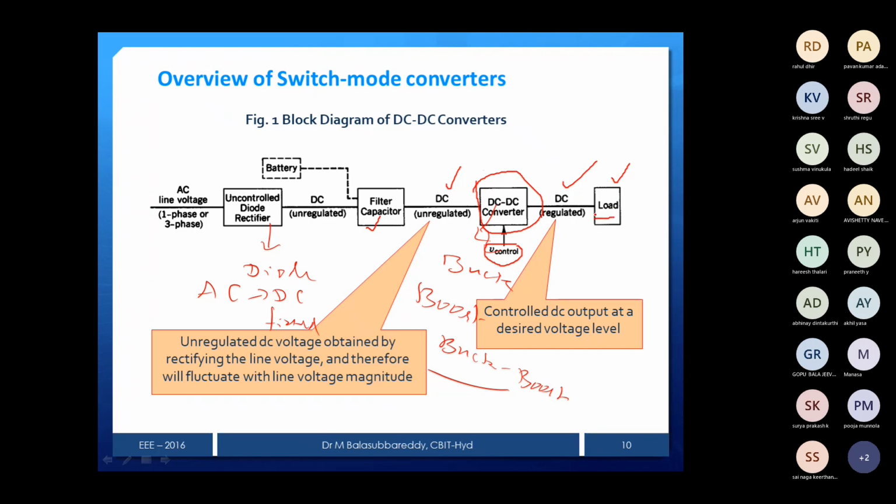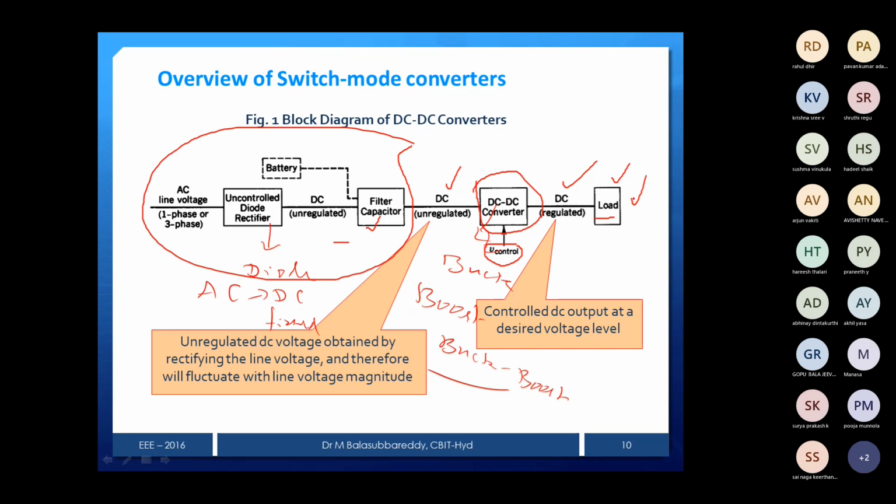Some loads may require a constant voltage, irrespective of the input fluctuations. You may need constant voltage. In some applications, even though the input is constant, I need variable voltage. Suppose I use a motor, what will happen? Once I use a motor, automatically a variable voltage is required.